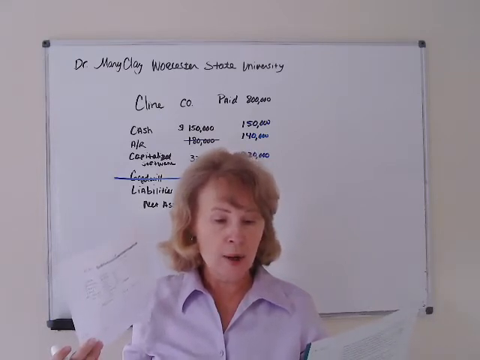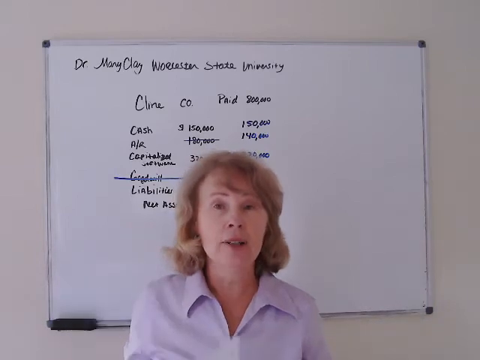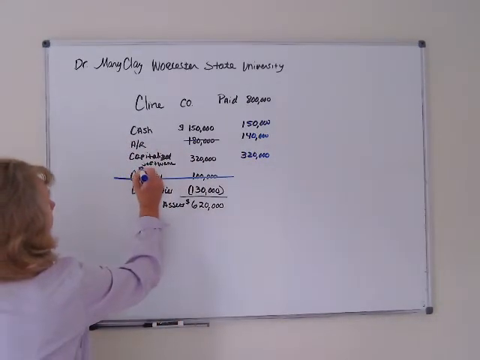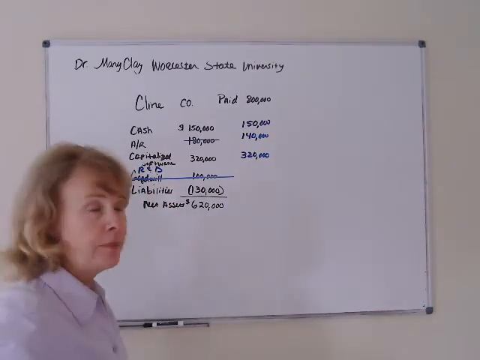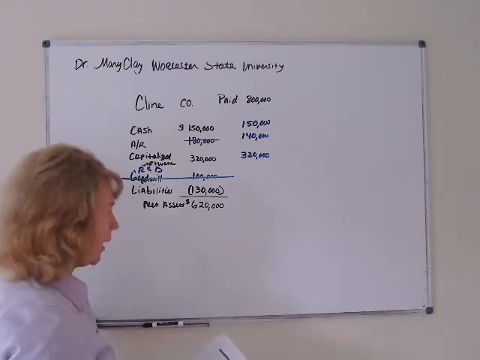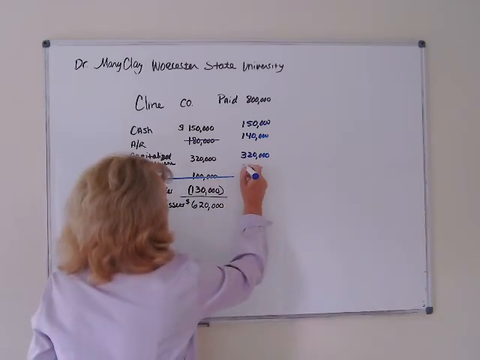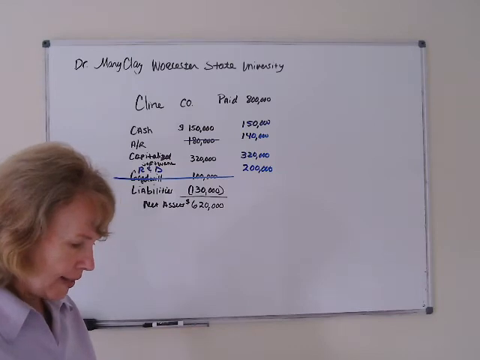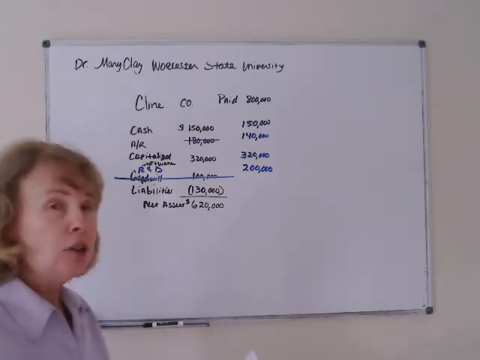It says Reno's in-process R&D. R&D in this case is an asset because it's in process. So it tells me that R&D is worth $200,000. Remember, I already crossed off that goodwill. I will not include that.